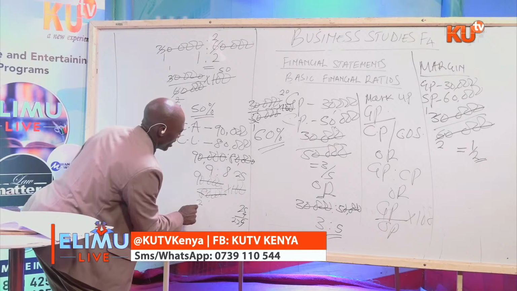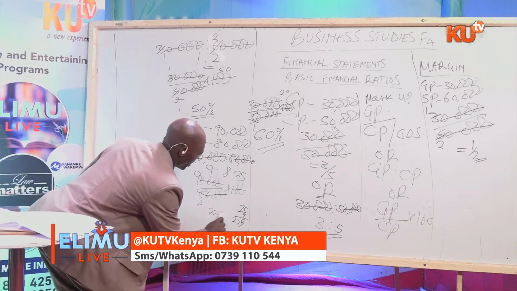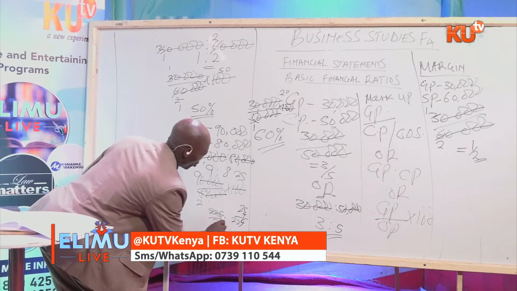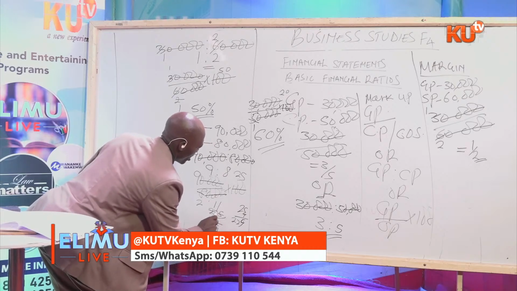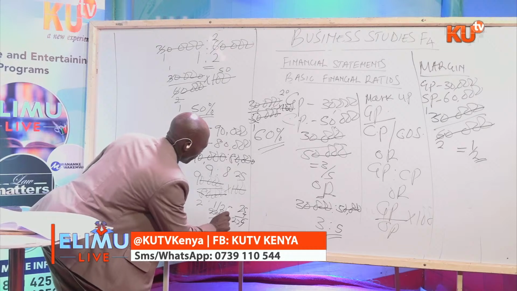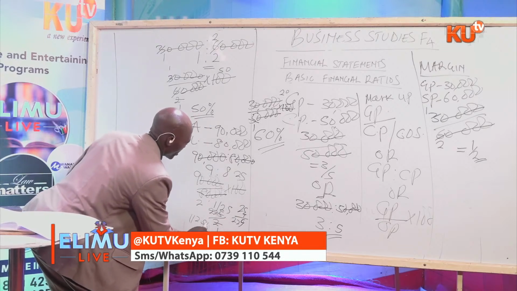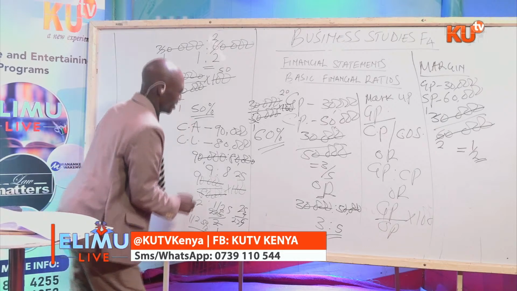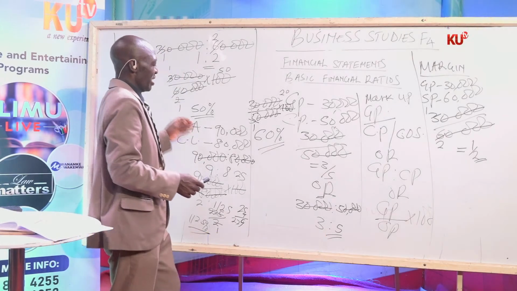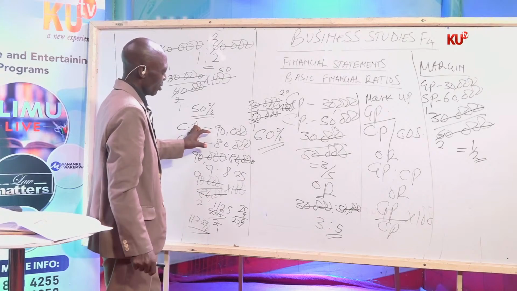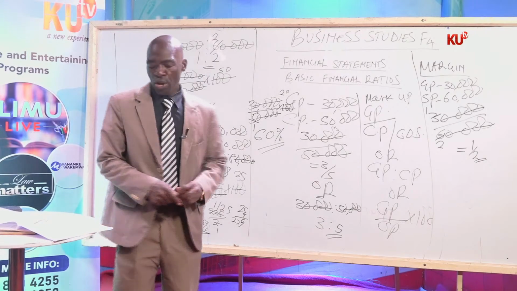So 225 divided by 2 gives 112.5%. So you are finding either the ratio, the percentage, or the fraction.